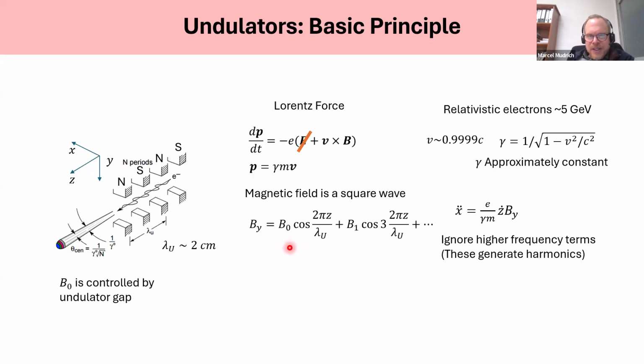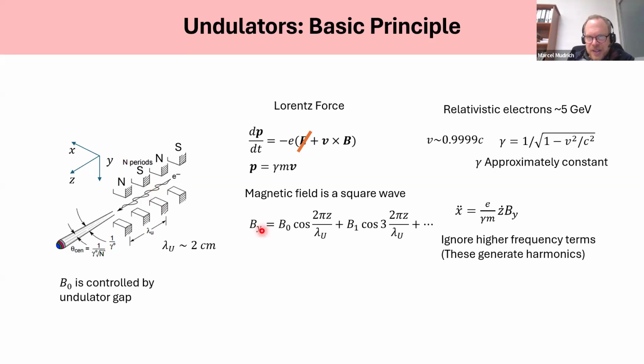So the magnetic field is given by this periodically poled undulator structure. Of course, the magnetic field as the electrons fly along the z-axis is not just a sine wave, it's pretty much given by a square shape, right? Because inside the poles of one unit, we have more or less a homogeneous magnetic field, and then suddenly, as the electron flies into the next period, we have another more or less homogeneous field.